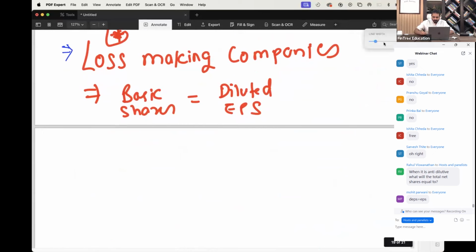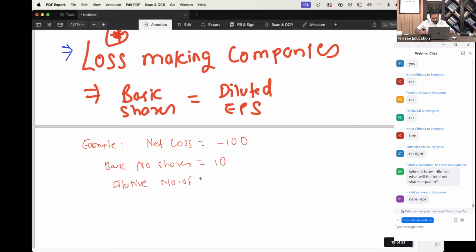It's very simple. Think of it this way. Imagine a company which has a net loss after tax of 100. Basic number of shares, let's assume, is 10. Diluted number of shares, let's assume, is 15.